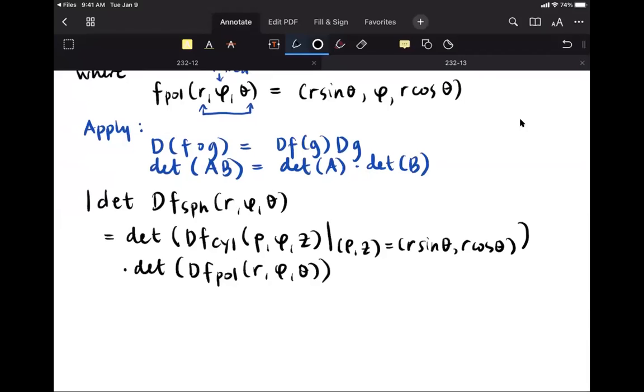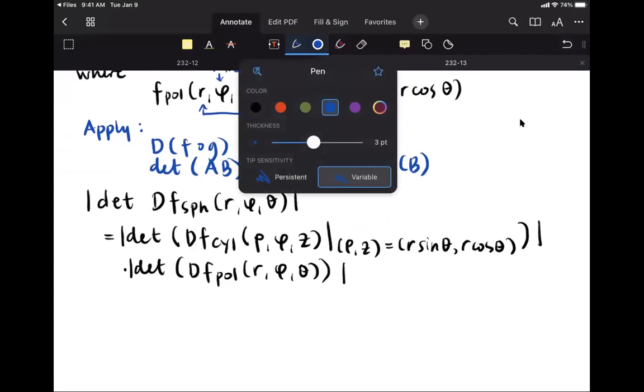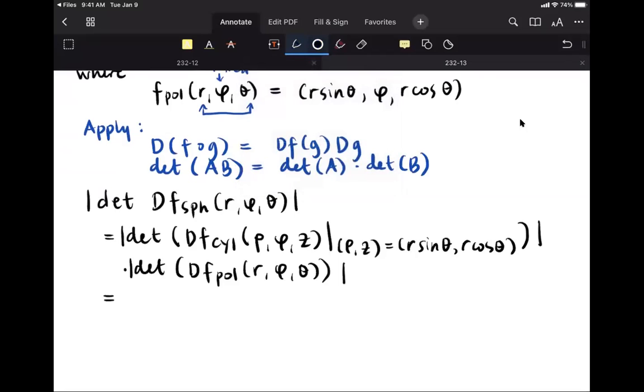And let us take the absolute values. The first is equal to the absolute value of rho times the absolute value of r.